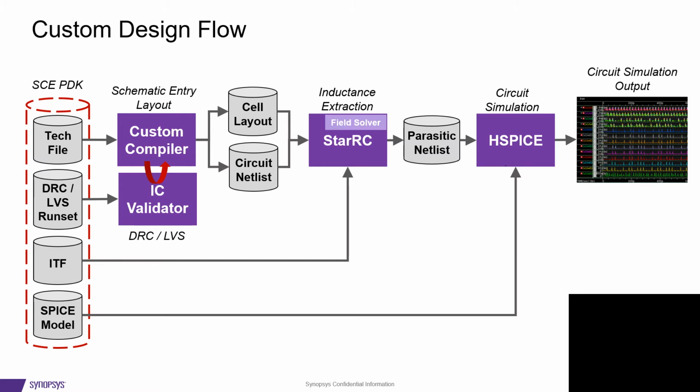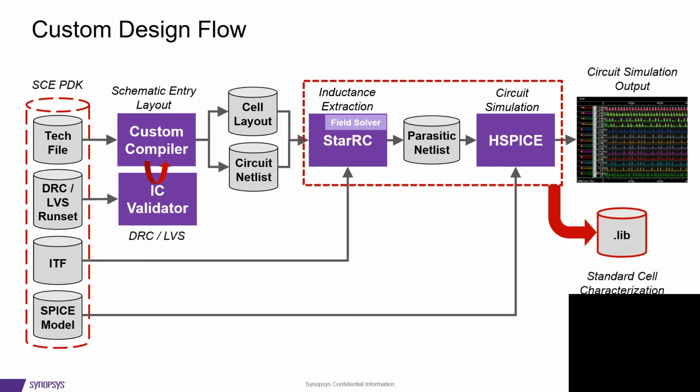In StarRC, at the level of the cell, you need very accurate inductance extraction. So StarRC at this stage uses field solvers, mainly based on FastHenry, to extract inductances very accurately. You back-annotate the parasitics to your netlist, run HSPICE, and you have circuit simulation output.